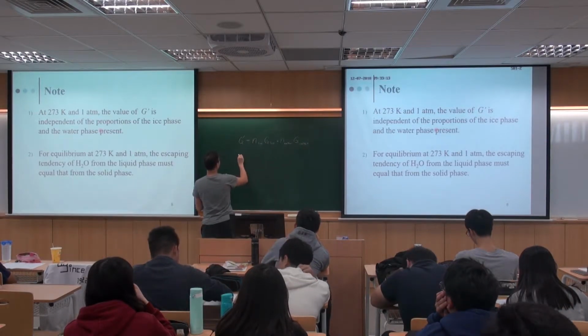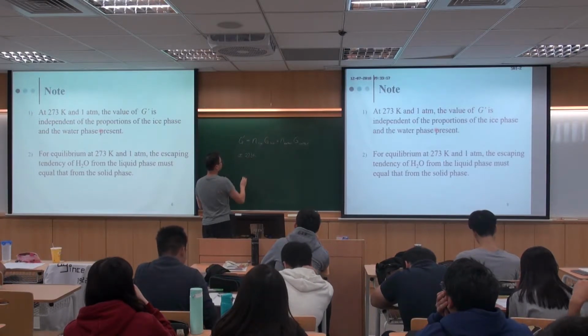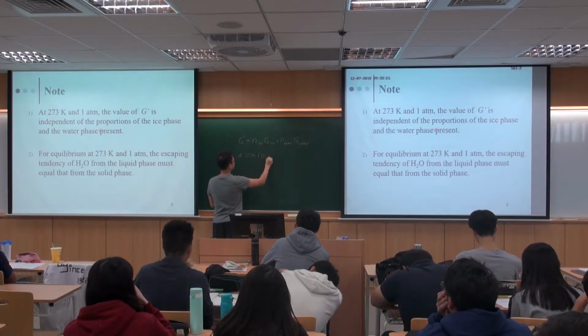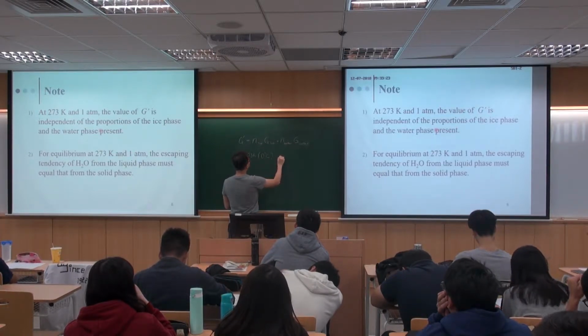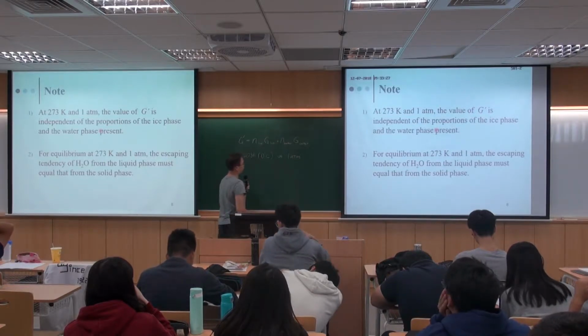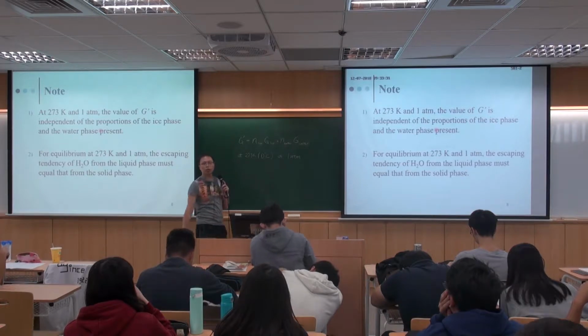And we know that at 273 Kelvin, which is 0 degrees Celsius, and of course 1 atmospheric pressure, this is the melting point of water, right?